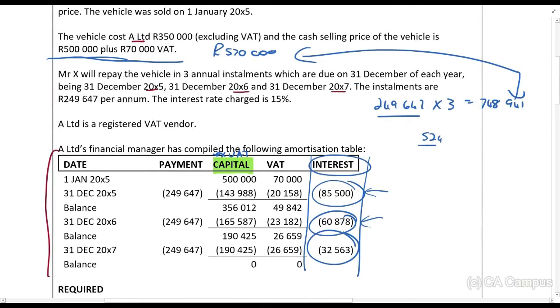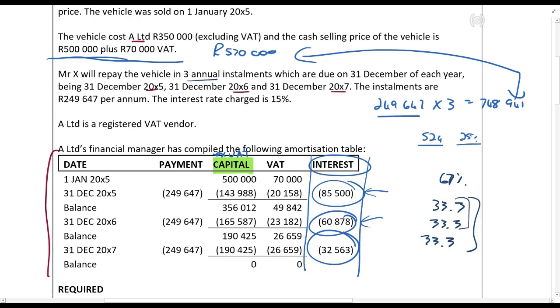Section 24 applies if 25% or more of the amount is receivable more than 12 months later. Now, just think about it. This person is paying it off over 3 annual installments. So at the end of the year, there will be 67% of it still outstanding, because it's 33.3, 33.3, 33.3 if you pay it off in 3 annual installments.